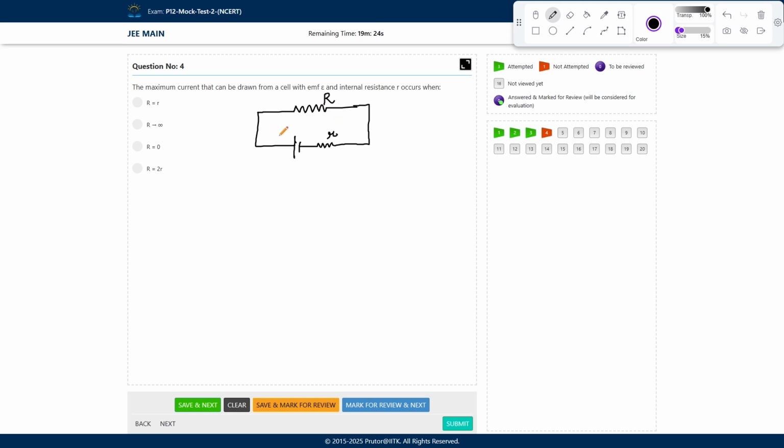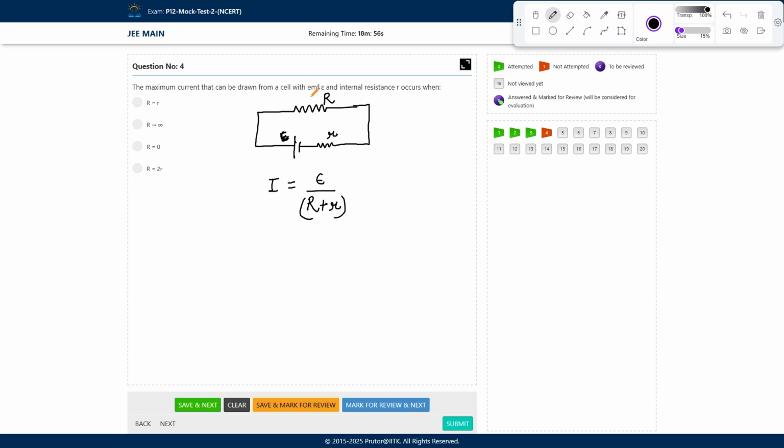This is small r, this is battery of EMF E, or we can say epsilon as given in the question. So current flowing through that external resistor will be given as epsilon upon R plus r, which is the net resistance in the circuit, and this is the EMF of the cell. So current is given by this.